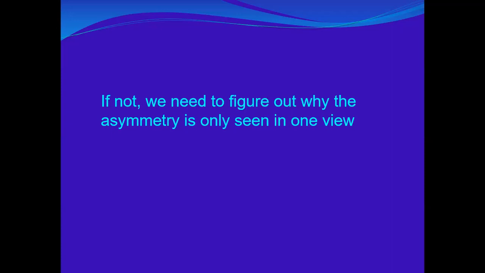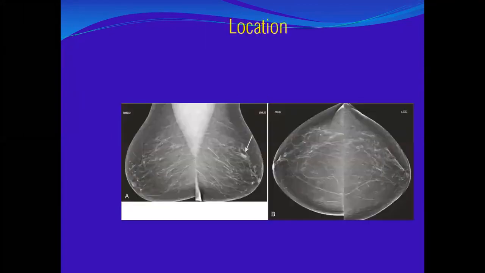I have to clarify and make sure whether this asymmetry is really seen in one projection or whether it is supposed to be seen in another projection. I would like to make sure whether it is just an asymmetry or a focal asymmetry. Okay. What about this one?